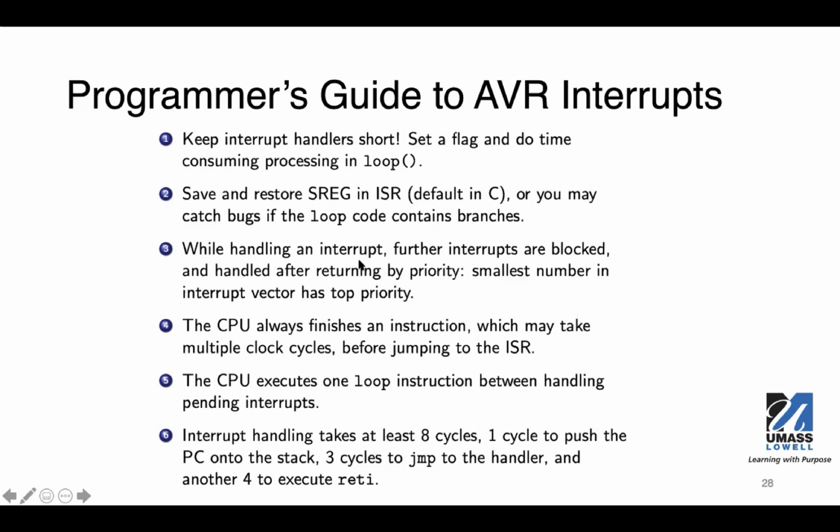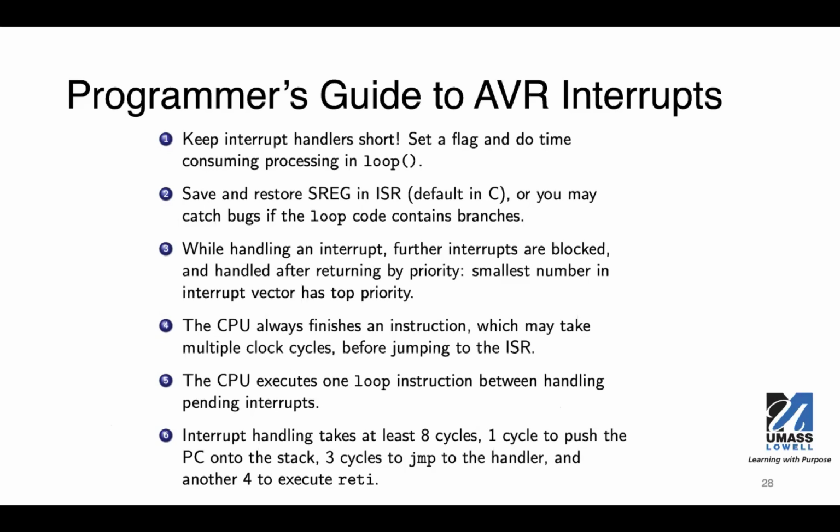When handling an interrupt, further interrupts are blocked, so there are no nested interrupts. If there are concurrent interrupts happening, the smallest number will have a higher priority. The CPU always finishes the current instruction before jumping to the ISR, and the CPU executes one main loop instruction between handling pending interrupts.